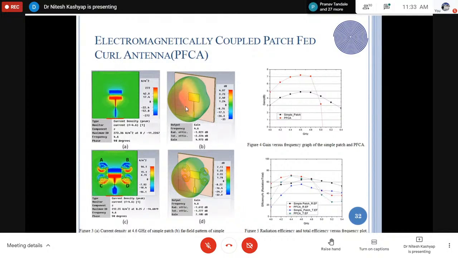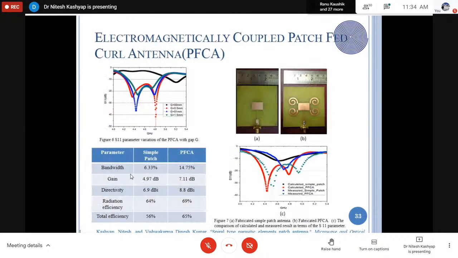Okay, so this is the simple technique to improve the performance of an antenna. We can use other techniques, and that was a simple and easy technique used by me. See, this is a simple comparison of the parameters of the fabricated antenna.